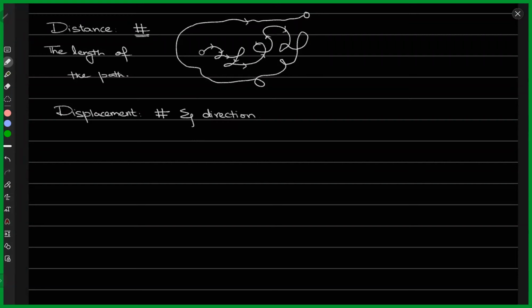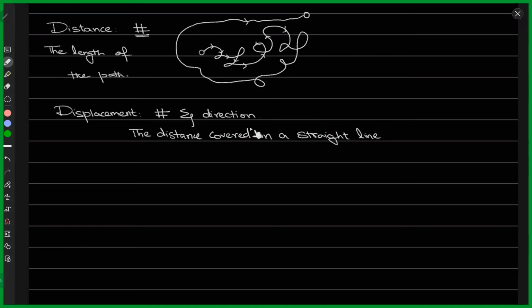This means that you can define displacement in multiple ways. One of the definitions can be something like this, that it is the distance covered in a straight line. Now you can clearly see that direction is important over here. This meaning straight line, we are concerned with in what direction the line should be.